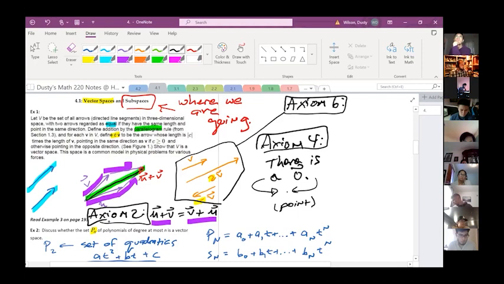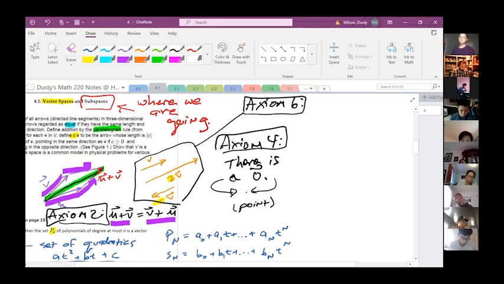Someone asked, so can a vector space have only one dimension? Certainly. Yeah, a vector space can have only one dimension. An example of a one-dimensional vector space would be the space of real numbers.